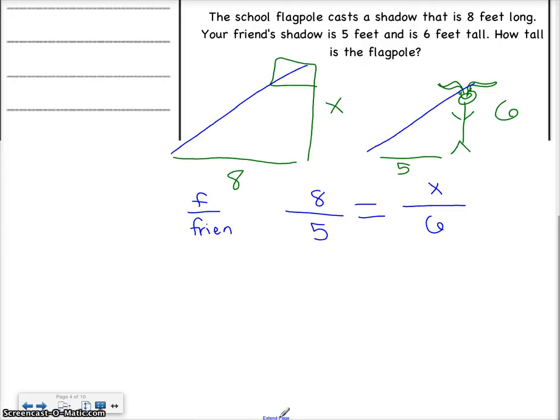You could have gone 8 is to x as 5 is to 6. You could have worked backwards. Whatever works best for you. 5x is 48. 48 divided by 5 is 9.6. My flagpole is 9.6 feet tall.